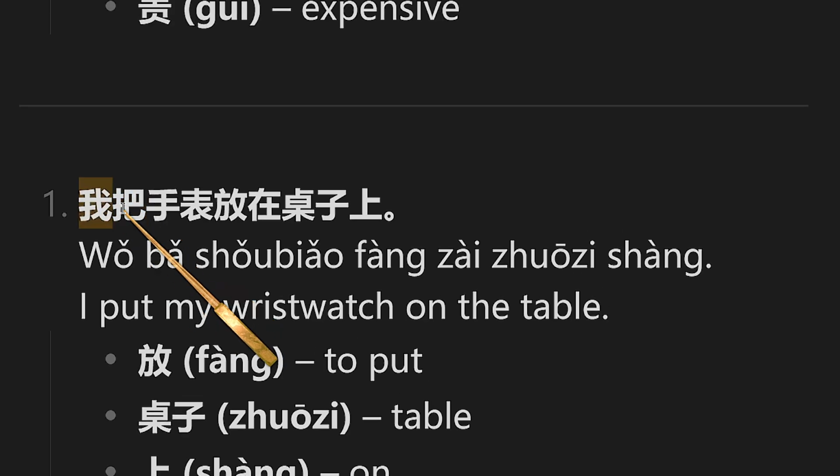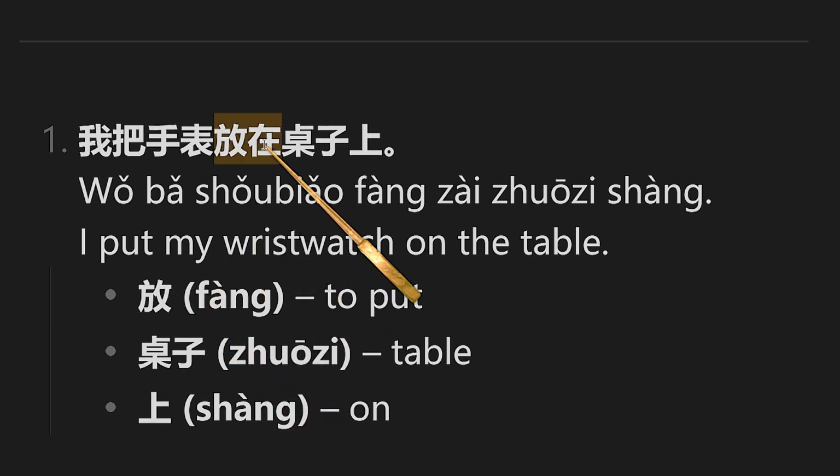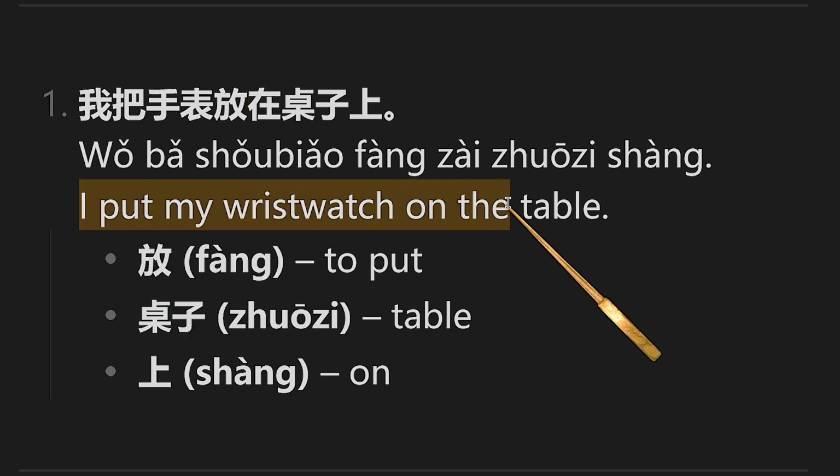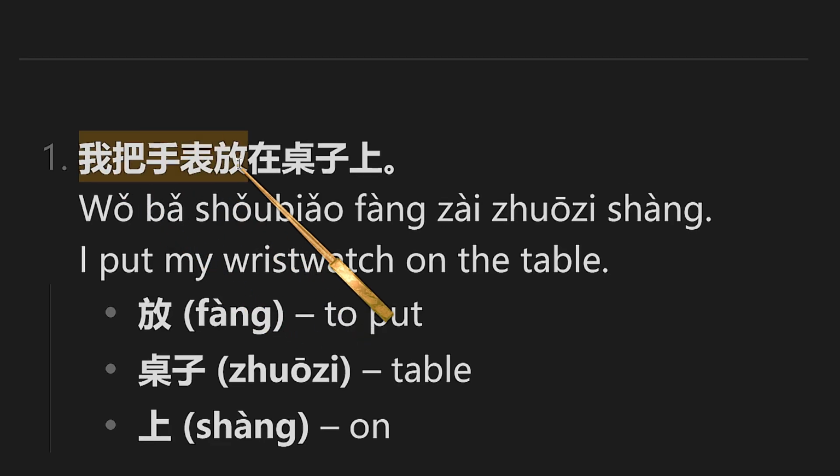So you can say I take the wristwatch and put it on the table. 放在桌子上。放 is to put something. 在 works with 上, so on top of something. And 桌子 is a table. Or you can say I put my wristwatch on the table, or you can translate it as I take my wristwatch and put it on the table. Both are just grammar from HSK 2 and HSK 3, so you don't need to learn it now.